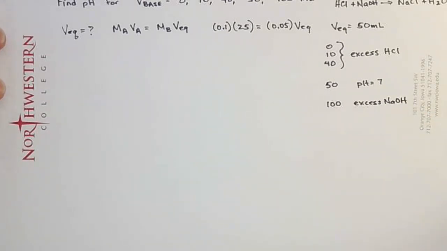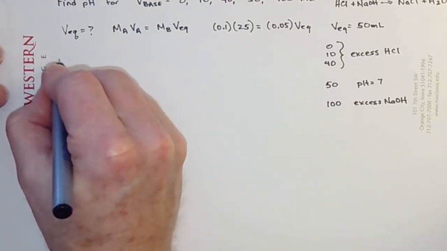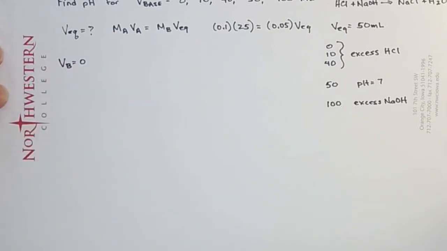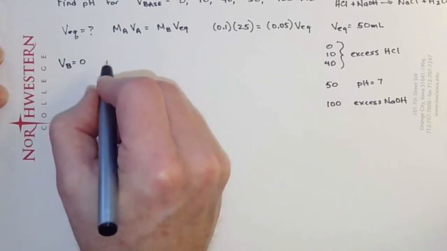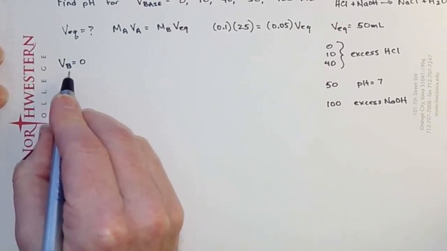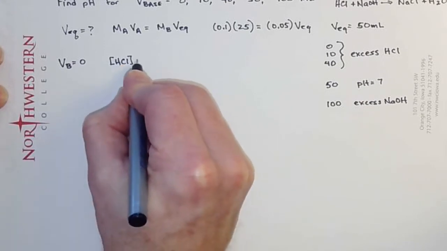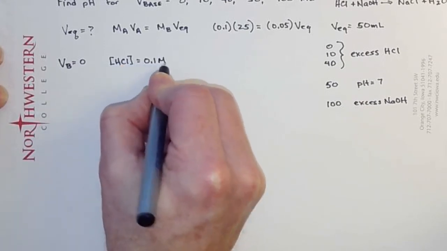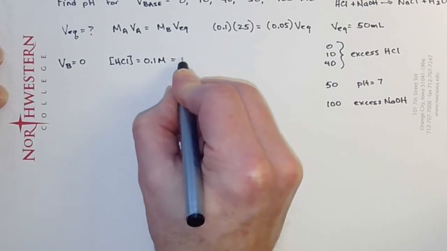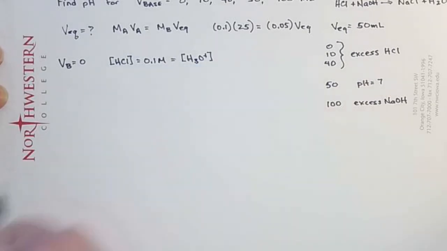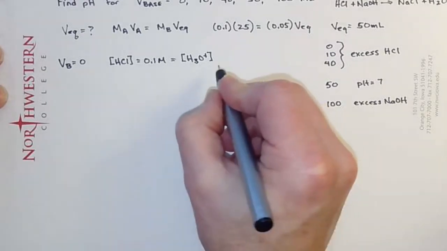Okay, so let's do this. Let's think first about the volume of base equal to 0. That is before the titration starts, and we're told that HCl is 0.1 molar, which means that H3O plus is also 0.1 molar.